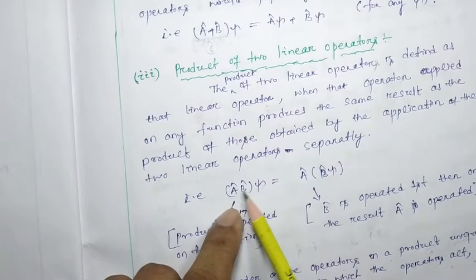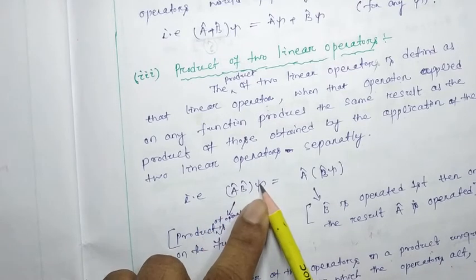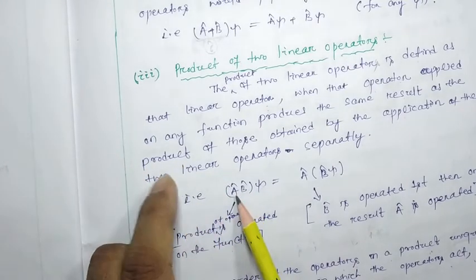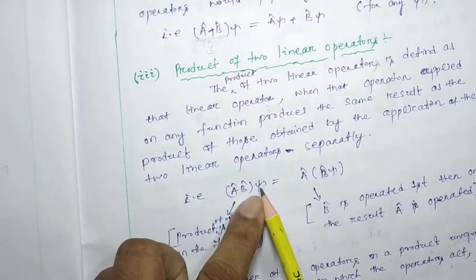So C cap operated over psi means I first multiply A cap and B cap and then operate over psi.